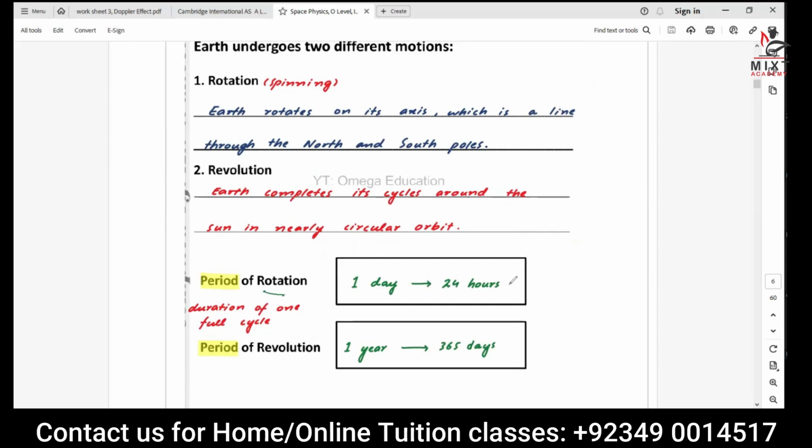In 24 hours, Earth completes one rotation, or one spin, about its own axis, right? So that's why in one day we have day and night, and the period of revolution around the sun is 1 year, 365 days. That's why a calendar contains 365 days, and also in one complete calendar year we have different seasons, summer and winter as well.